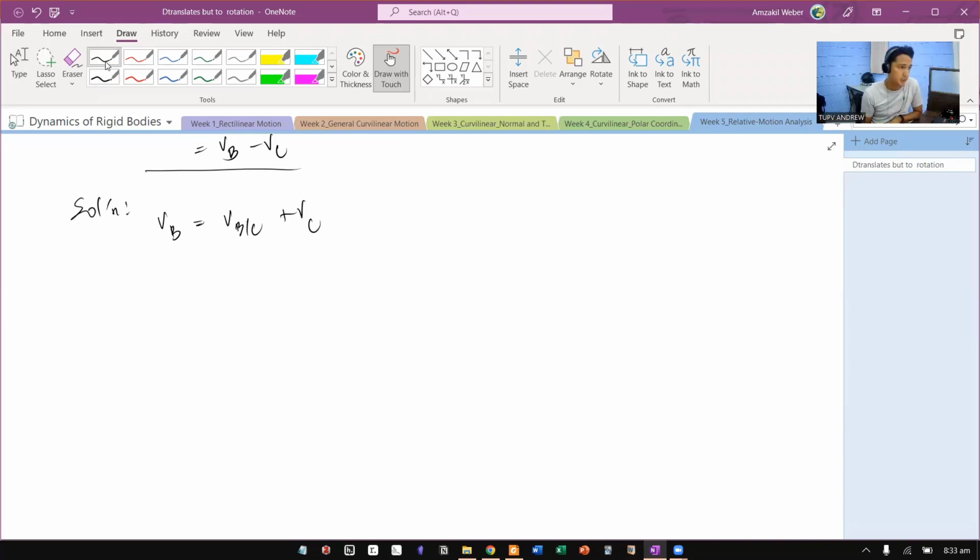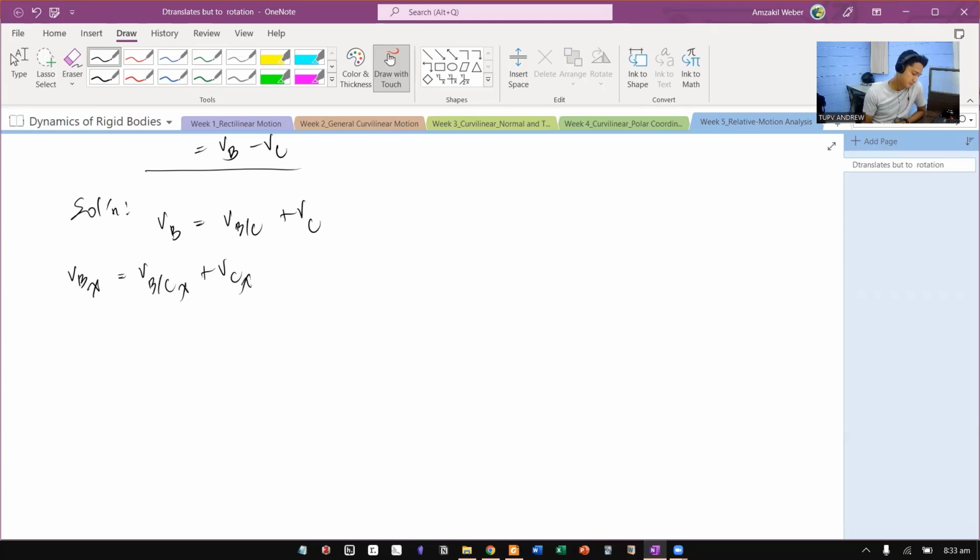In the scalar approach, we just need to decompose these two into horizontal and vertical components. First, let's do VBx, which is VB/Cx plus VCx.